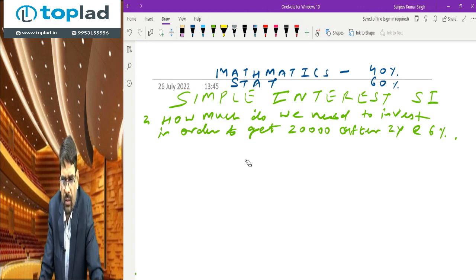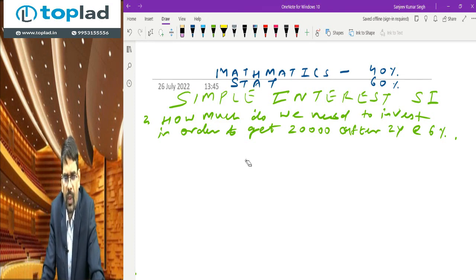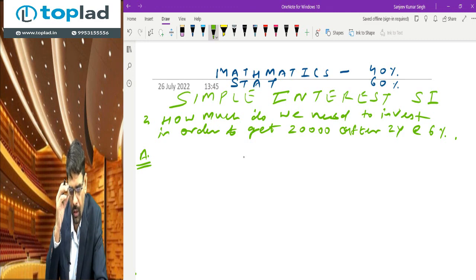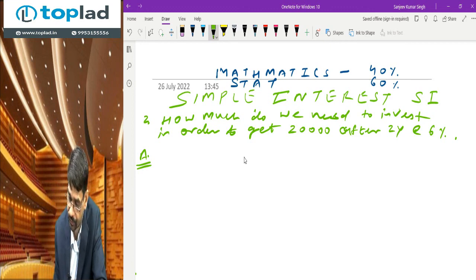Okay, anyone get an answer? Anyone? So now start. What is the requirement? First of all, we have to understand the requirement of the question. How much do we need to invest? Means principal is unknown.